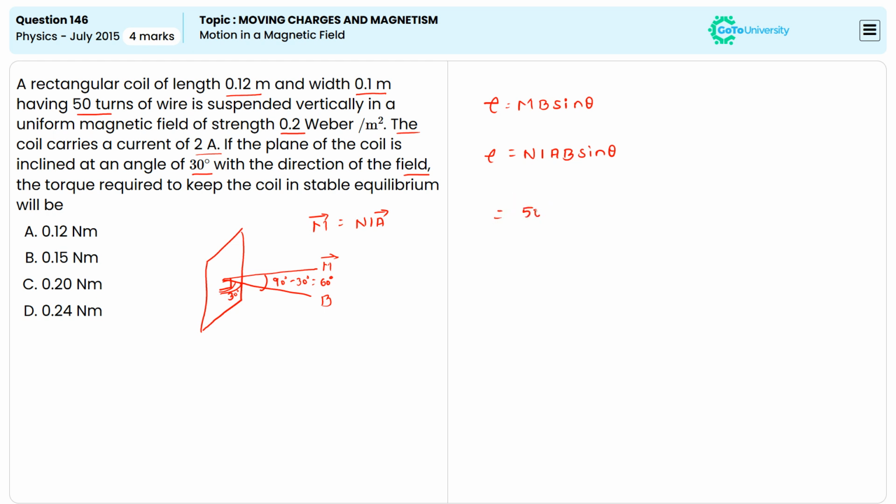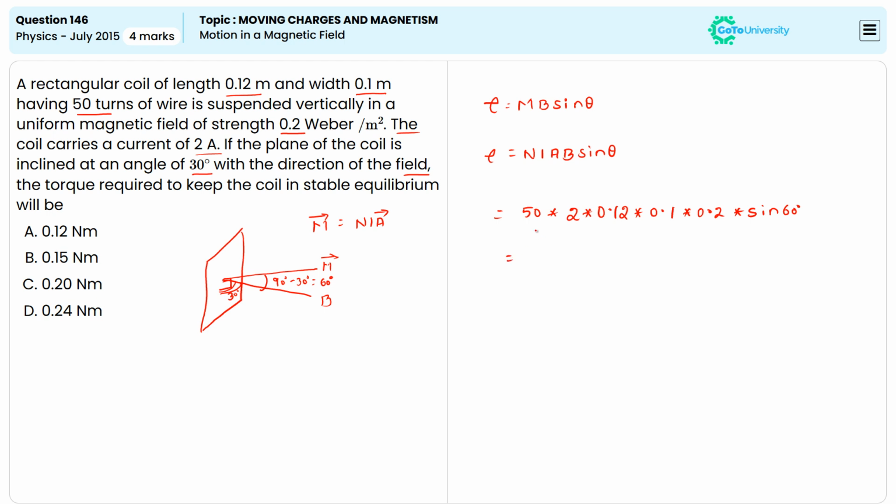N is equal to 50, I, the current, is equal to 2, the area is length times width, that is 0.12 into 0.1, and B, the magnetic field, is 0.2, into sine 60 degrees.